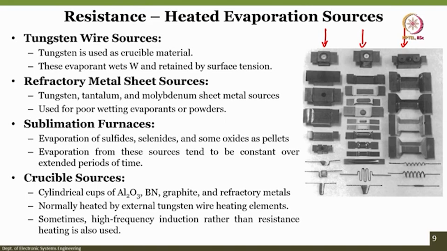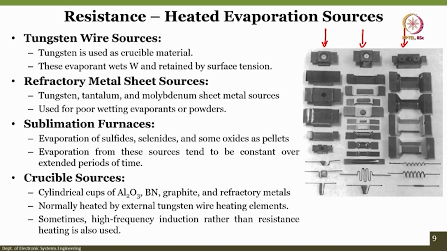The refractory metal sheet sources are made up of tungsten, tantalum and molybdenum sheet materials, and are used for poorly wetting evaporants or powders. Then we have sublimation furnaces, in which evaporation of sulfides, selenides and some oxides as pellets is possible. Evaporation from these sources tends to be constant over extended periods of time.